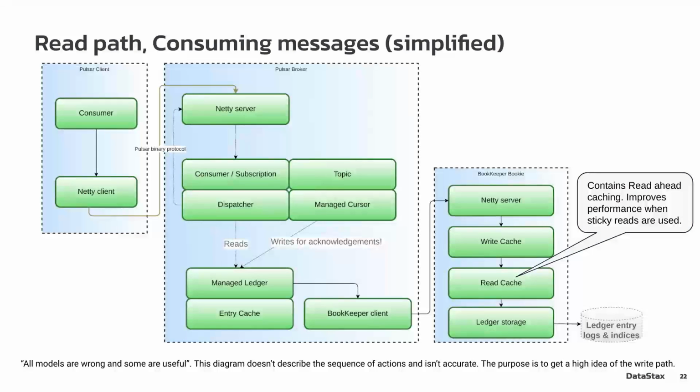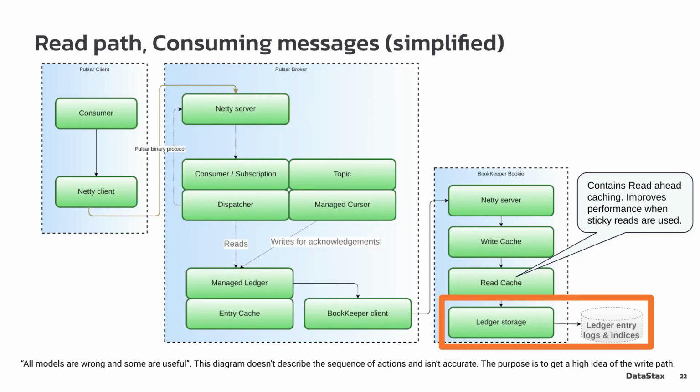So if there are no sticky reads, the reads for subsequent entries are spread out across the bookkeeper nodes which contain the entries. So if there's a replication factor of 2, it would send the first request to the first bookie, and then the next entry to the next bookie.